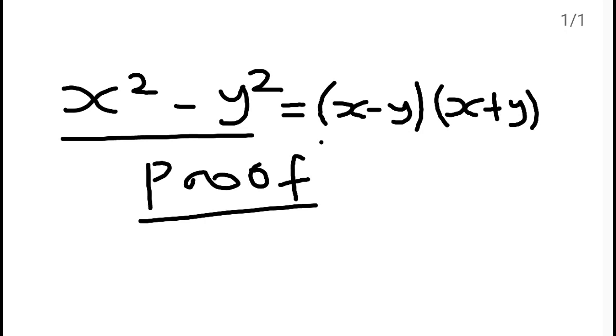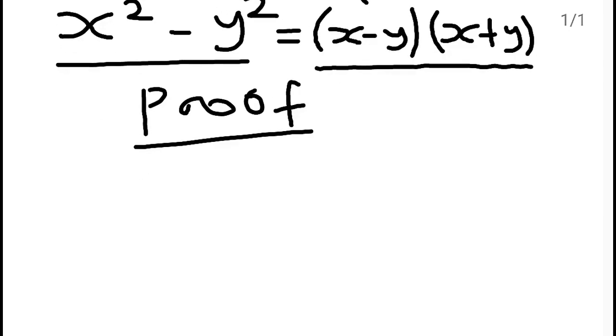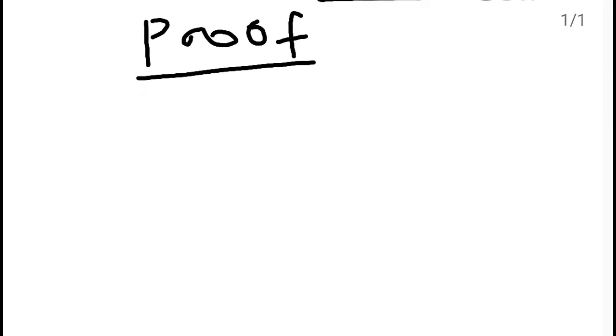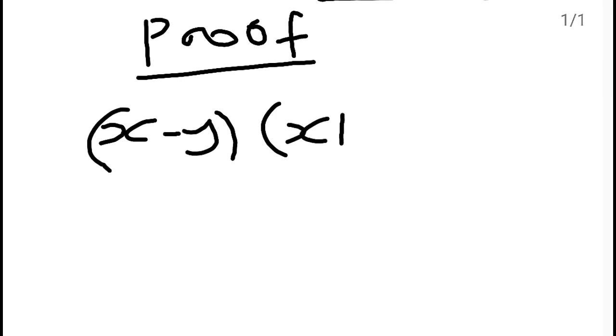We are going to prove by expanding these two brackets, so that we may go back from there to x squared minus y squared. Let us open the brackets and we see. So we have x minus y multiplying x plus y.